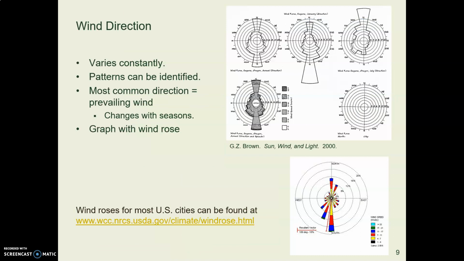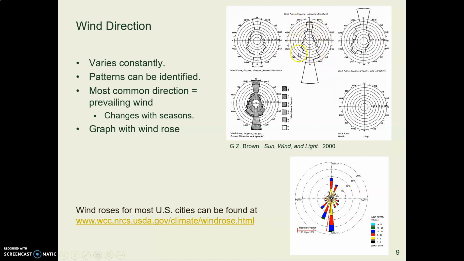You can find out what direction the wind is going to blow in your particular site, and with what speed it's going to blow. These objects here are called wind roses. They are graphs of the wind, and you can find graphs at this website. These graphs up here happen to be wind roses for Eugene, Oregon.